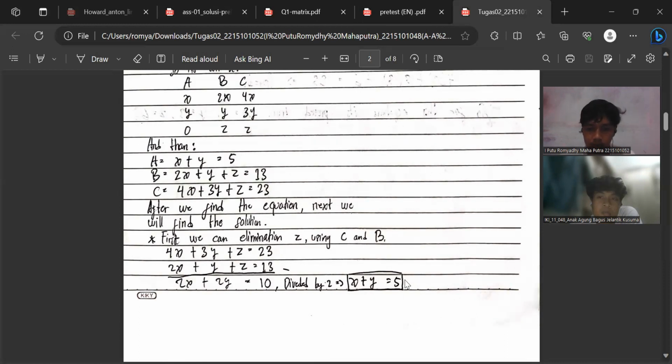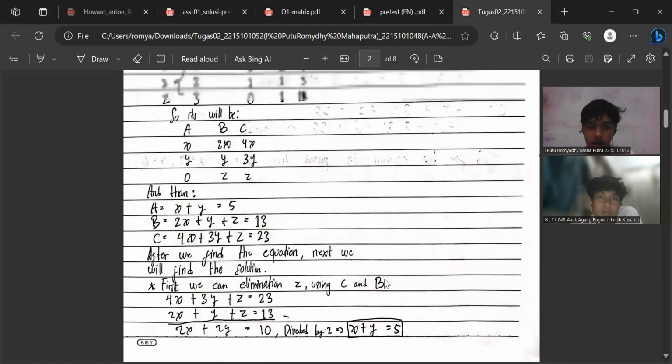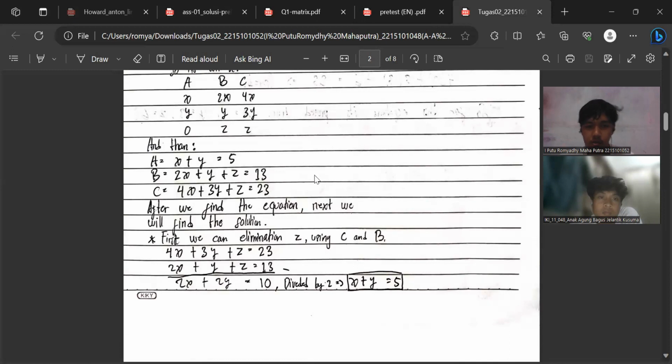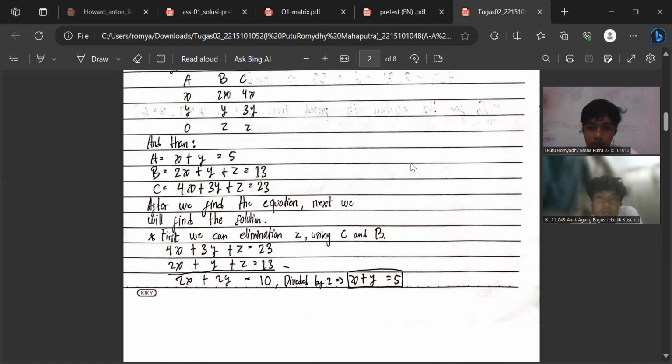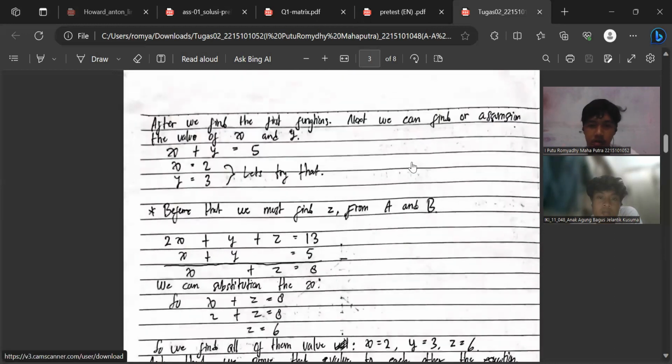So x plus y here is equal to A. Based on the linear algebra theorem, it must have infinitely many solutions, because it has the same equation as the first equation.